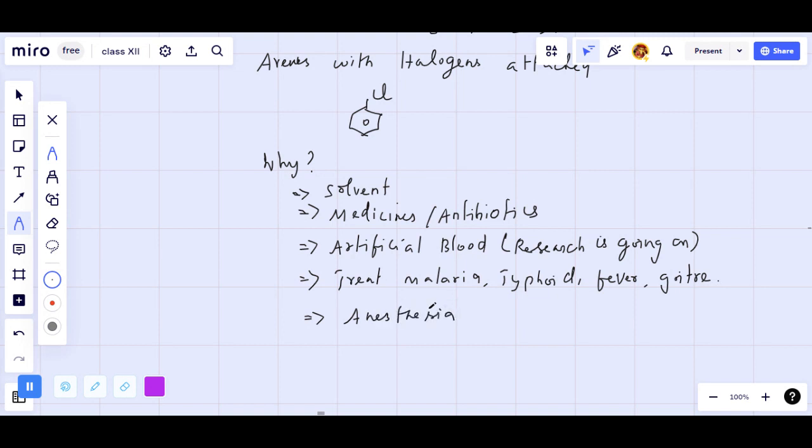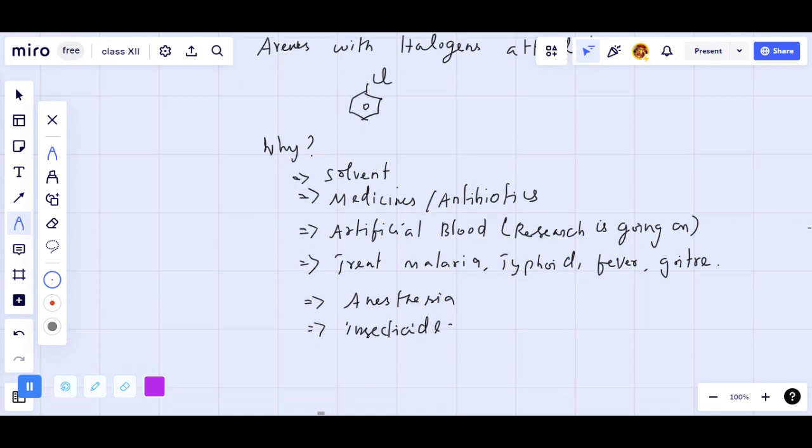It is also used as insecticide. So these are all the uses in our daily life. So it is very important to learn about haloalkanes and haloarenes. Okay, so we will get into the topic.